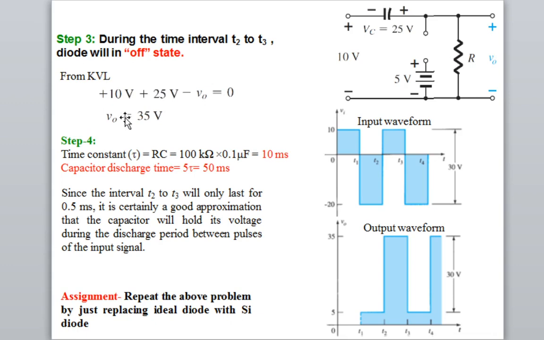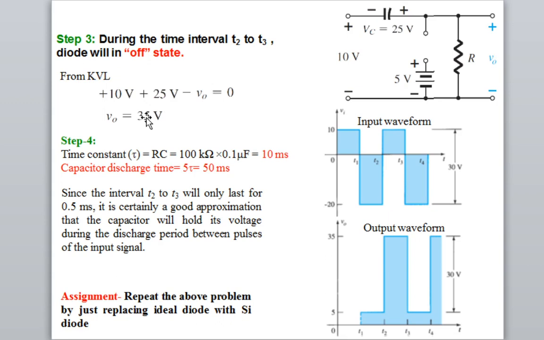So the output voltage equals 35 volt. So during reverse bias for the T2 to T3 time interval, when the diode was in the off state, the output voltage equals 35 volt. Remember, the polarity of the output voltage is plus 35 volt.